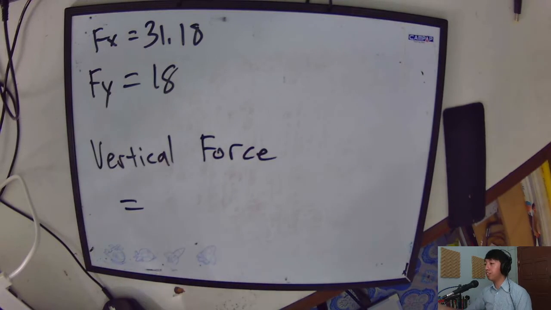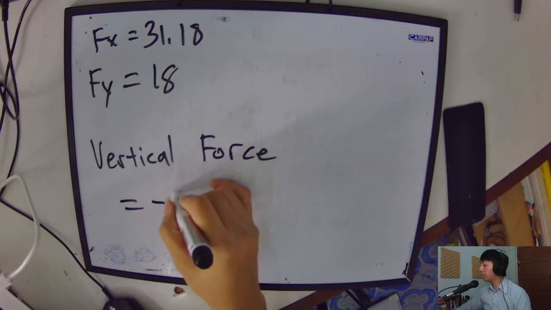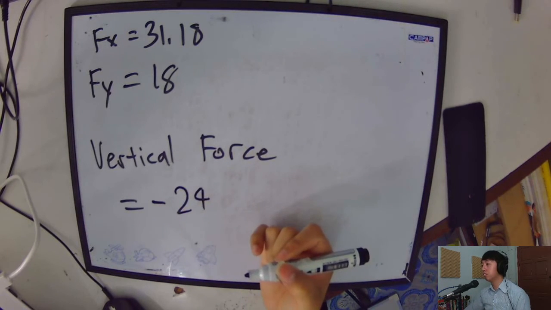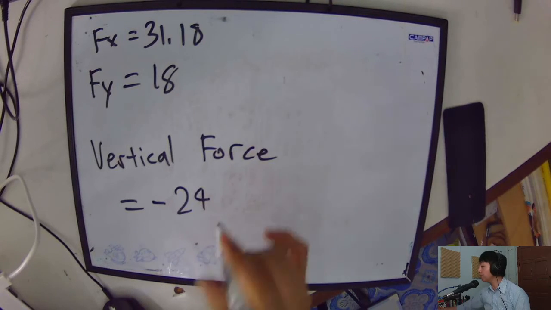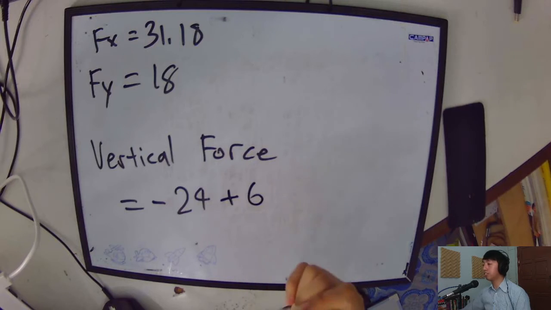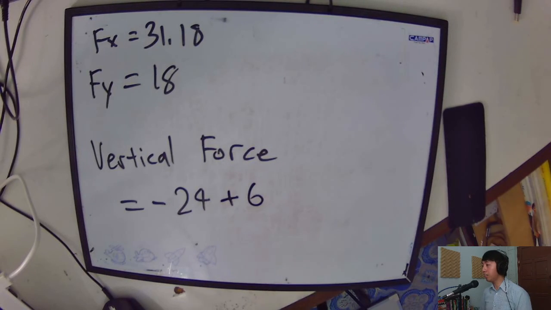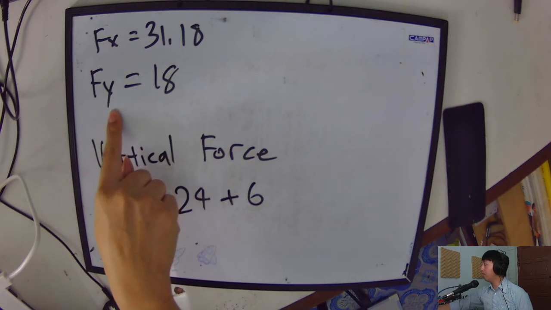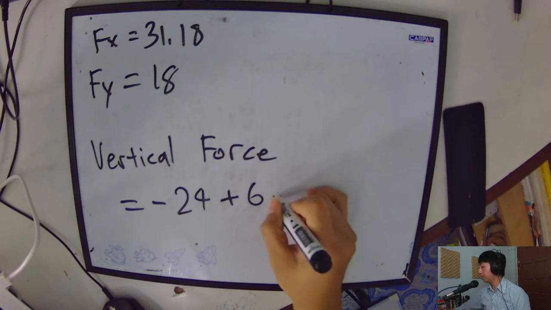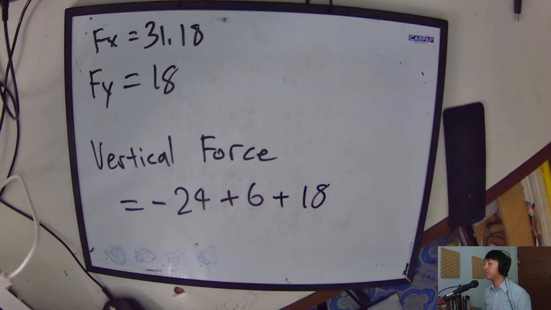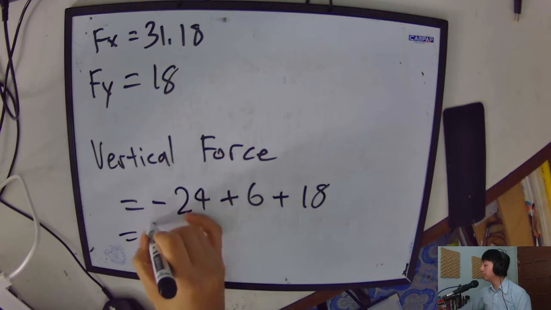The weight of the block itself is going down at negative 24. Then the normal reaction is going up, so plus 6, and Fy, which we calculated earlier, is also going up at 18. So you get your resultant force of 0.